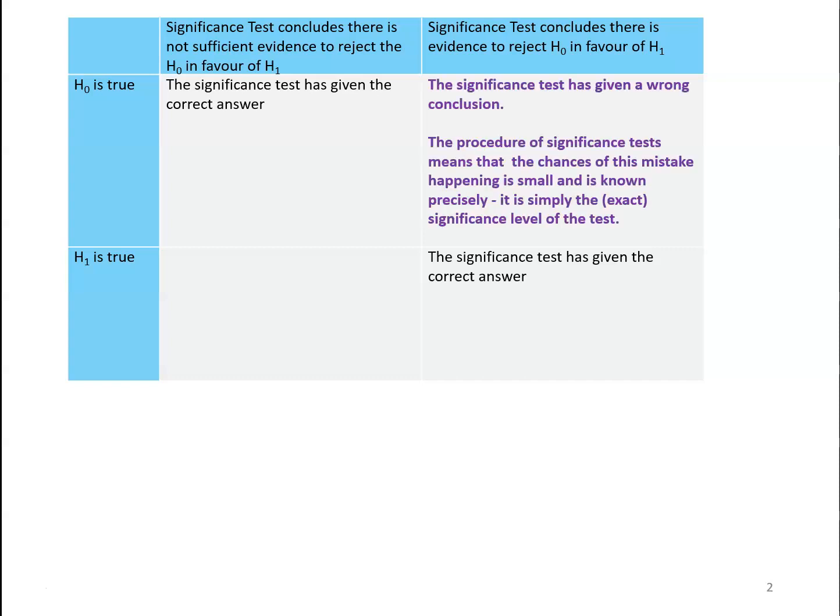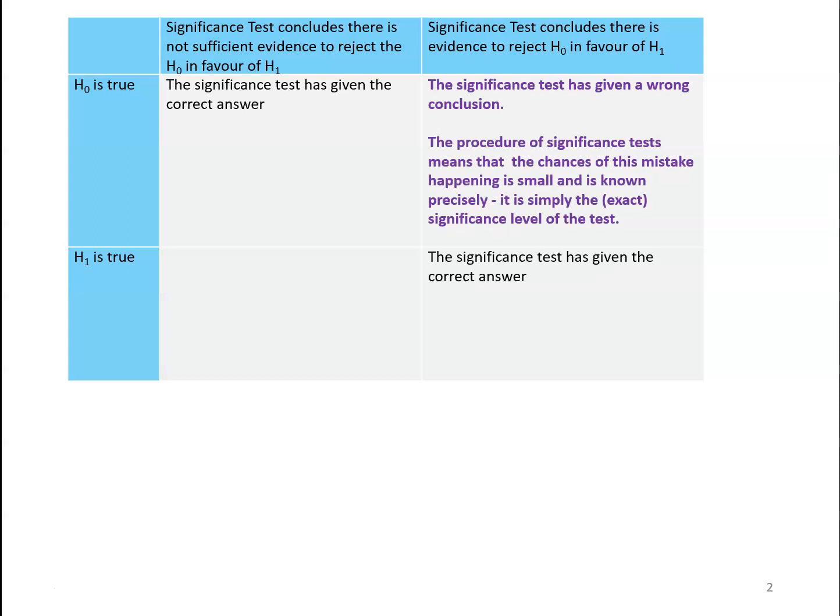Our third possibility is that the null hypothesis is in fact true, but the significance test concludes there is evidence to reject the null hypothesis in favour of the alternative hypothesis. And if that happens, we've clearly made a mistake.